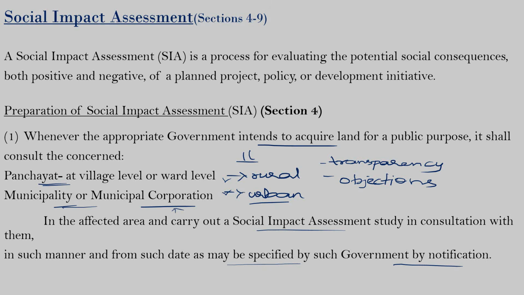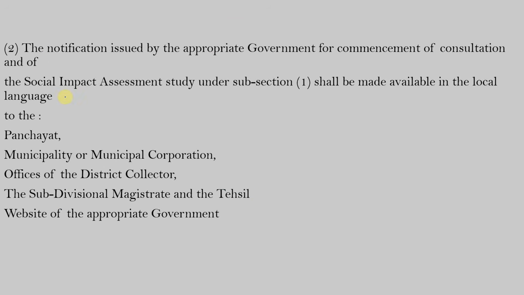And the next clause is that the notification issued by the appropriate government for commencement of consultation and of the social impact assessment study under subsection 1 shall be made available in the local language to the panchayat, municipality or municipal corporation, offices of the district collector, the subdivisional magistrate and the tehsildar, and the website of the appropriate government.